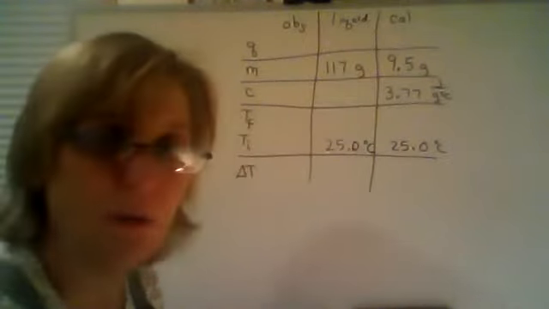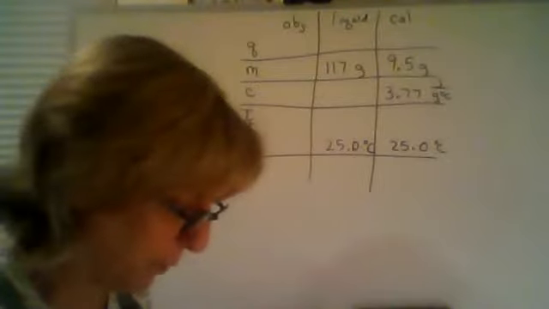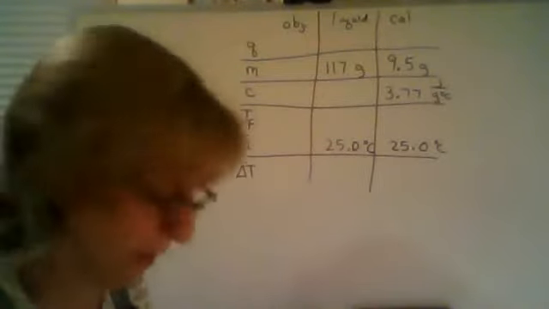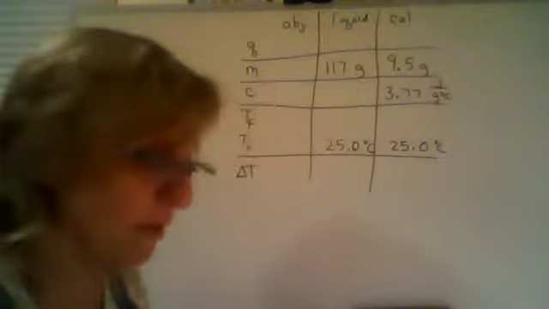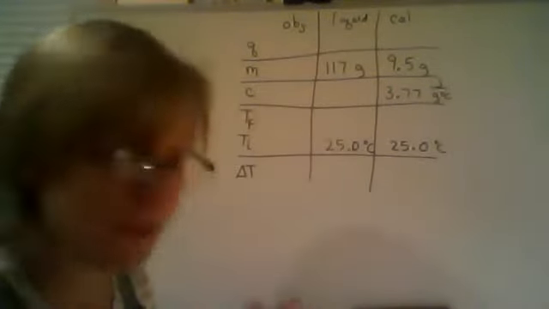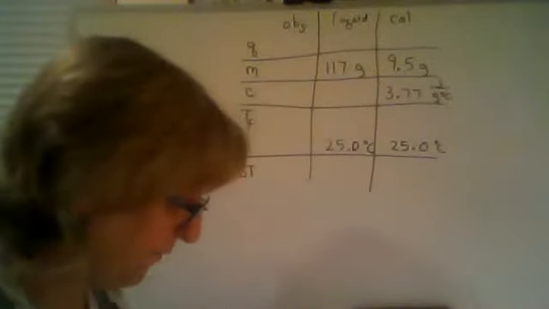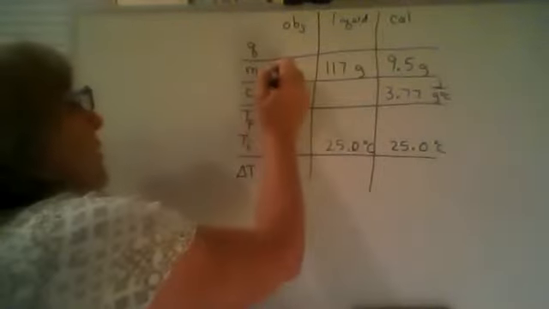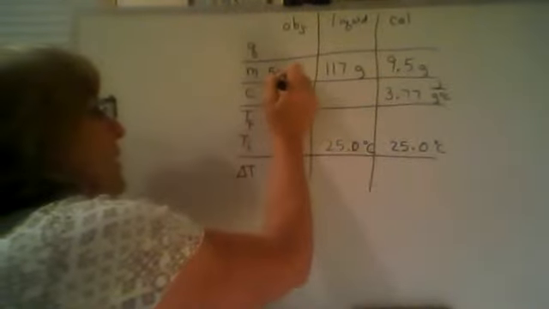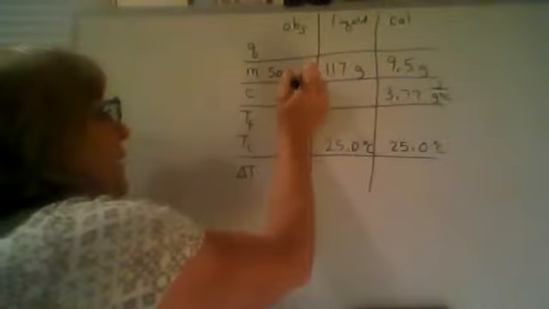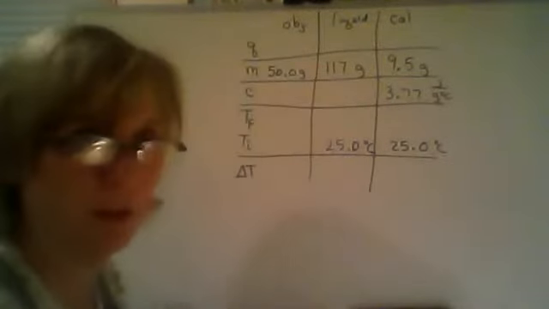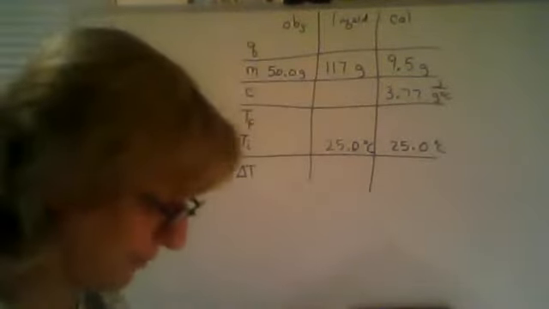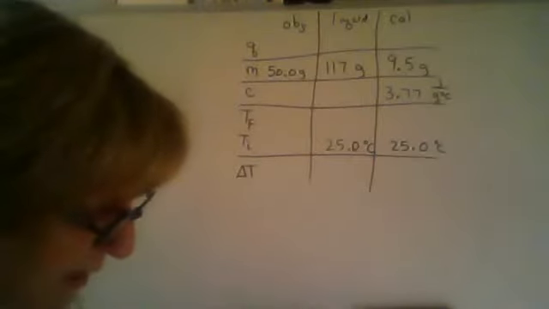If a 50-gram chunk of copper at 112 is dropped into the calorimeter, okay, let's just start filling that out. A 50-gram chunk of copper, and the specific heat for copper, I think, is 0.38.